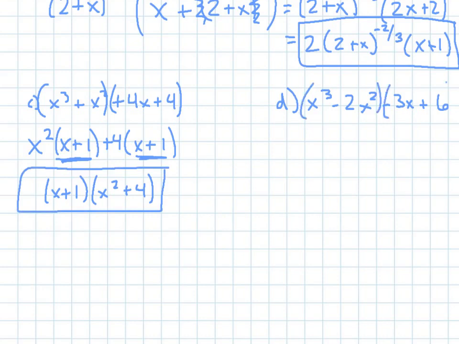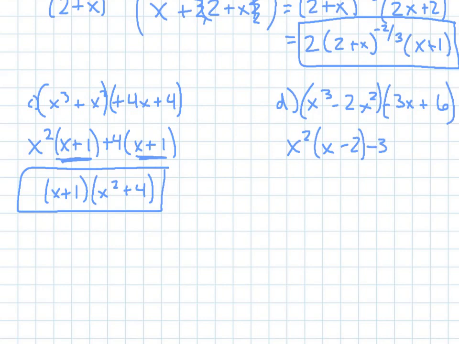So group, because there's nothing in common between all 4 terms. I group the first 2, so you can take out an x squared again there. Okay, that leaves us with x minus 2. Here, to make sure it matches, make sure you check on your signs as well, because if we just take out a 3, that leaves us with negative x plus 2, which is not the same as x minus 2.